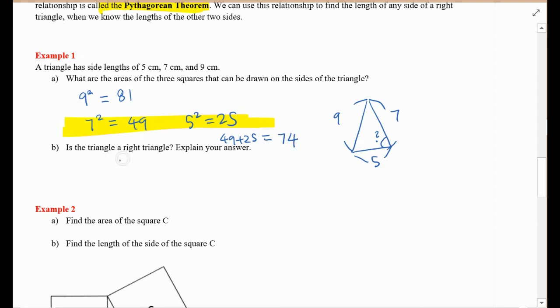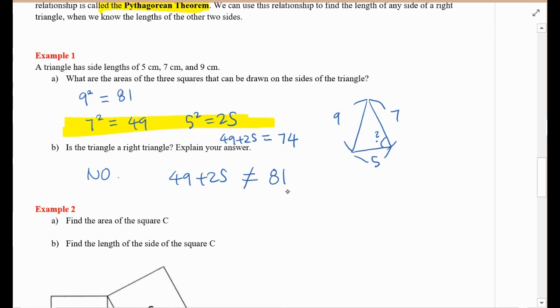Therefore, it is not a right triangle, because 49 plus 25 is not 81. To become a right triangle, when you add those two, you have to get 81.